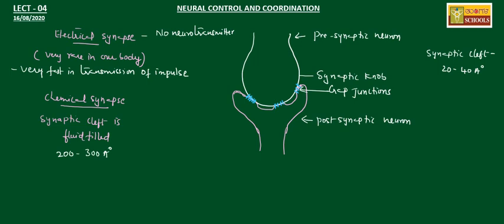So the cleft is very small. And the action potential which comes here moves straight through these gap junctions into the postsynaptic neuron, depolarizing it.